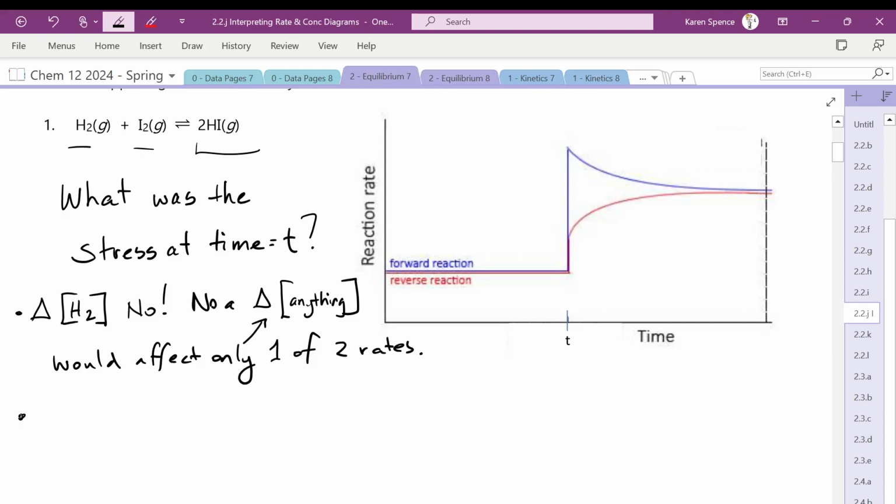Could it be a change in pressure? You should be talking with your partner.